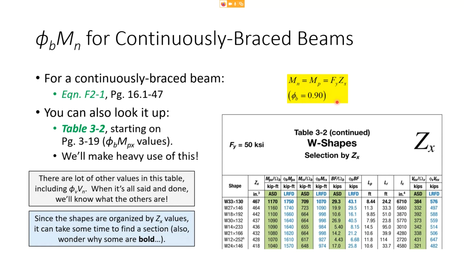It should look something like this here on the screen. Now, I want to be clear. There's a lot of stuff in this table. If you look, there's FEMPs, there's FEMRs, there's this BF term, LPs and LRs, all sorts of stuff here. When it's all said and done, we will know what all of these terms are.